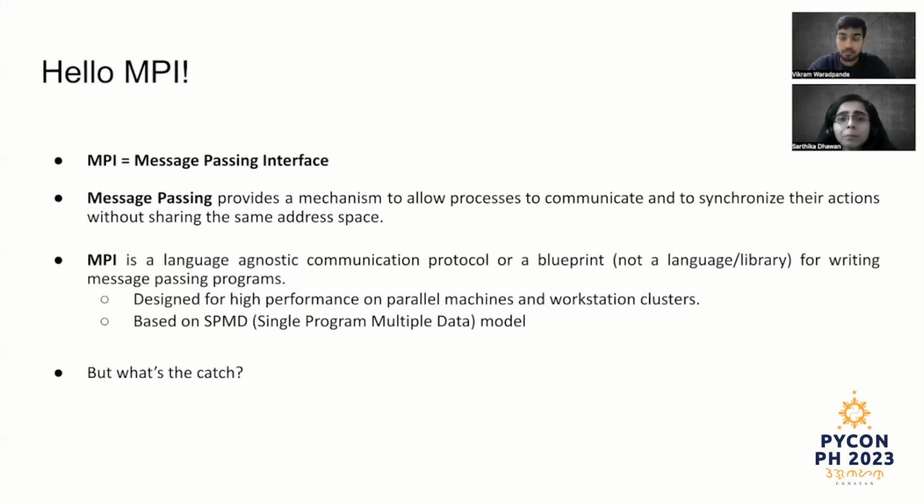So in summary, message passing is a general concept, and MPI is a specific implementation of message passing for parallel computing. Now, this all sounds great, but why don't we use MPI everywhere? There is a drawback. It's challenging to develop programs using MPI, but in this talk, we will give a head start on how to develop programs using MPI, and we will see how they are doing the computation.